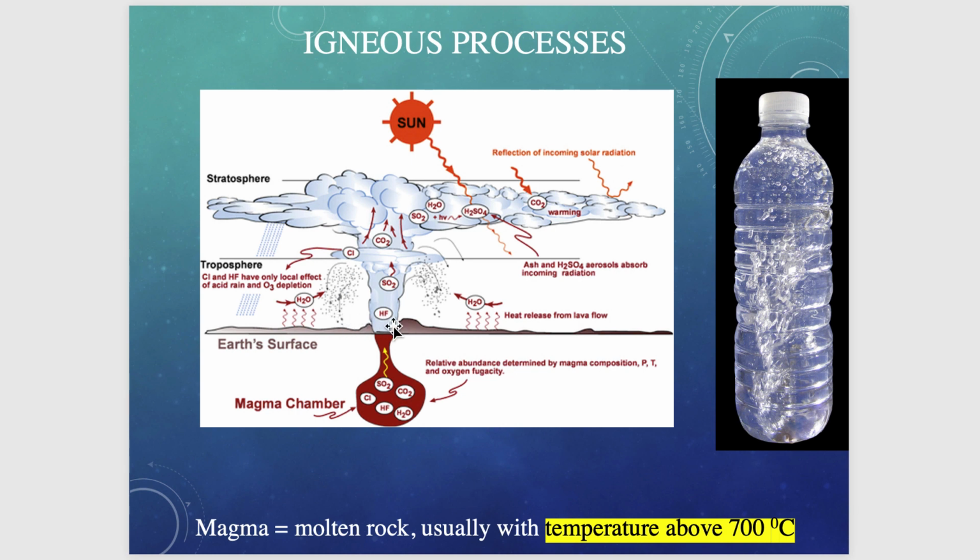So if you create a volcano, which is an opening that connects essentially subaerial conditions with the depth conditions of a magmatic chamber, the result is a liberation of gases, which is represented in this. And this can be a highly energetic process that will lead to a number of additional products.